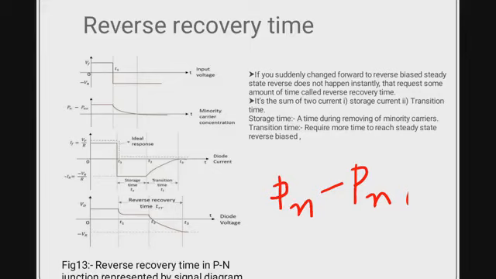At that time T1, the cut-in voltage duration of the diode, we are getting the cut-in voltage which is this point in this diagram, which is 0.6 or 0.7 for silicon and 0.3 or 0.2 for germanium. That is very small because this is in forward biased case. So this is the difference which I have shown over here, Pn minus Pn0.